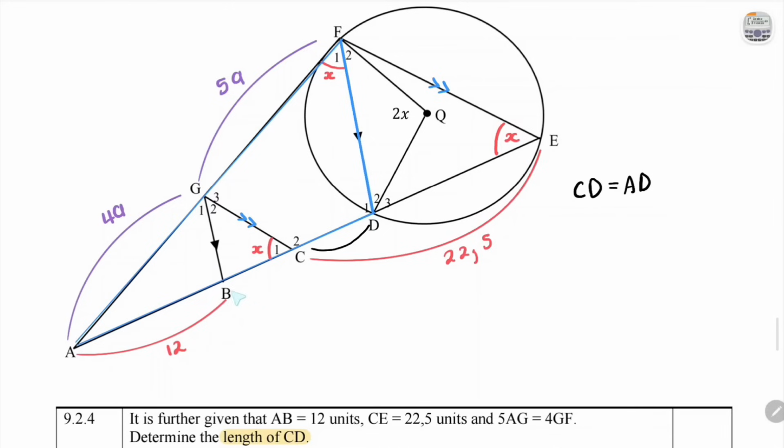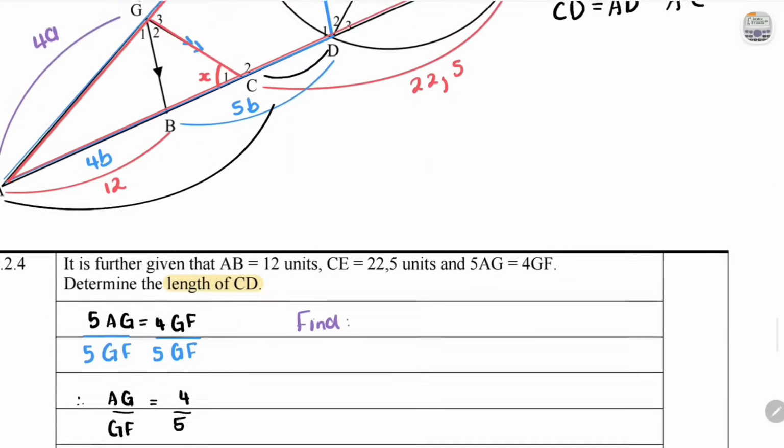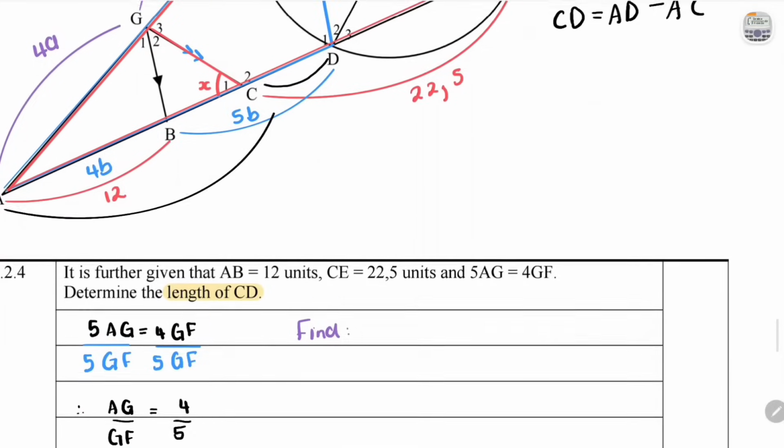We know that AB over BD is, and we can actually just put that down now. So AB is 4, but we cannot call it 4A since this one is called A. So we'll call it 4B. So AB is 4B and then BC would be 5B. We're just using the proportionality theorem here, okay, because they were proportional to AG over GF. So here we should just ensure that we find AD and AC.